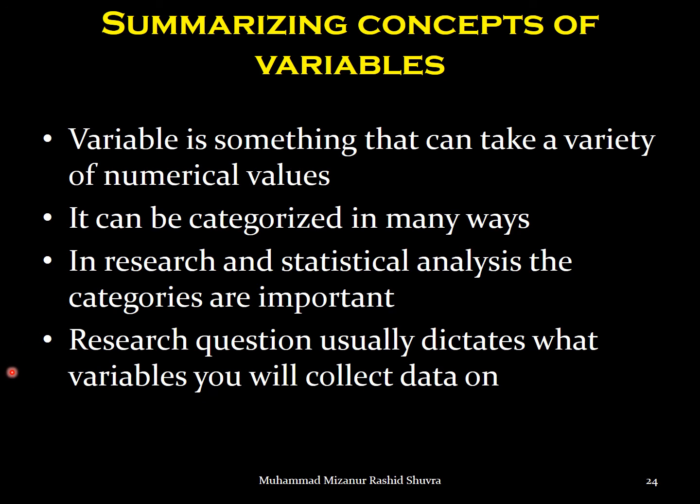In research and statistical analysis, these categories are important because they depend on the nature of the variables: dependent, independent, and also discrete or continuous, which is what dictates how your analysis is going to be. And research questions usually dictate what variables you will collect data on. So that's the take-home message you should remember, if you don't remember anything else.